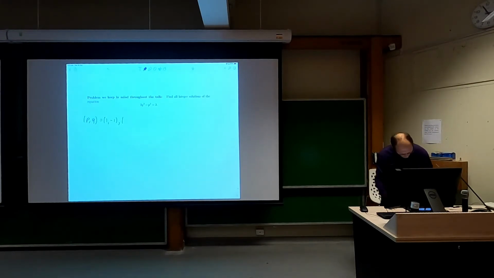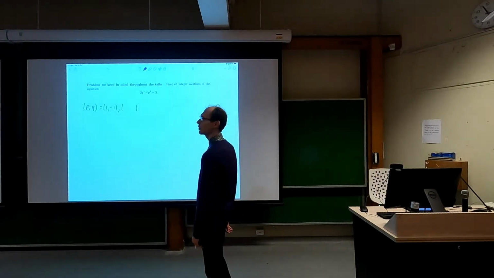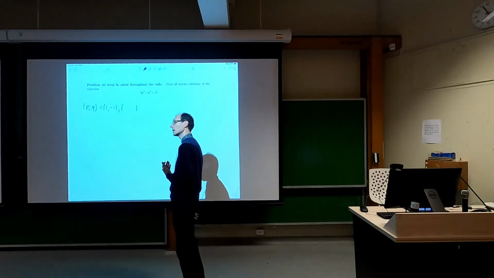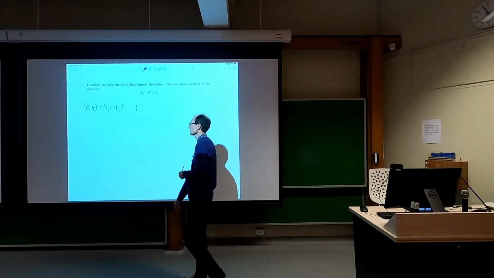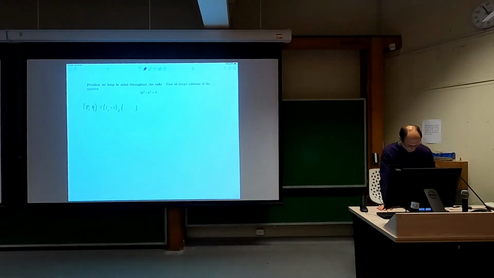Okay, I'll leave it for you for another minute, but we'll start discussing some of the approaches, some of the ideas. How can one approach this equation and try to solve it? One of the approaches would be, let's divide it by q cubed, right?